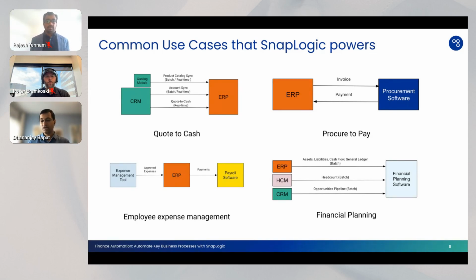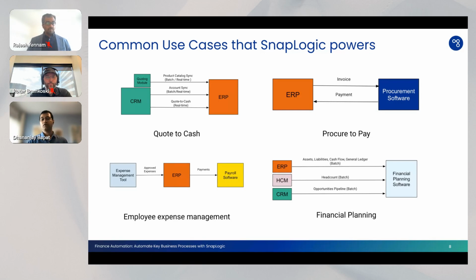And then another key use case is financial planning, where you are trying to get data from all the different systems of record. So you have assets, liabilities, and cash flows from ERP, your headcount expense from the HCM system like Workday, or maybe your other expenses from your expense management system like Coupa.